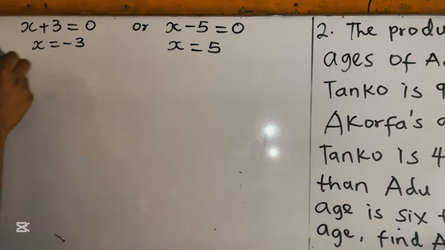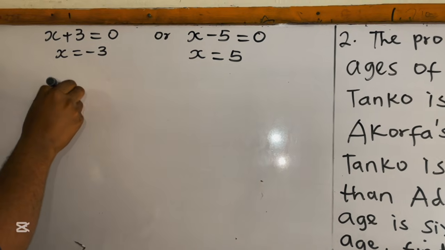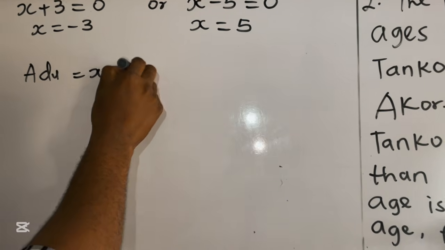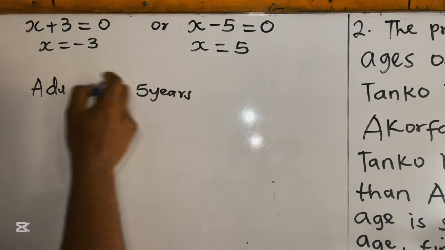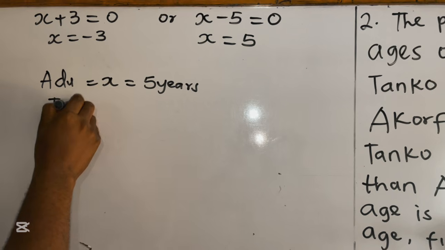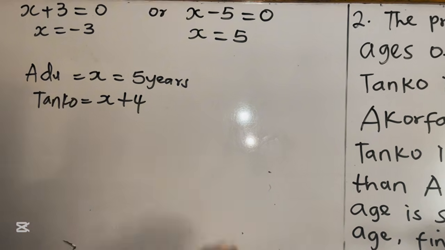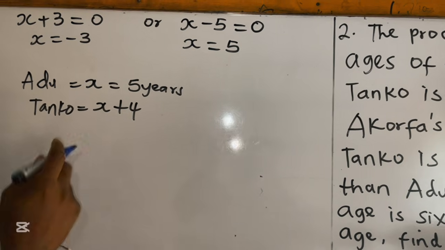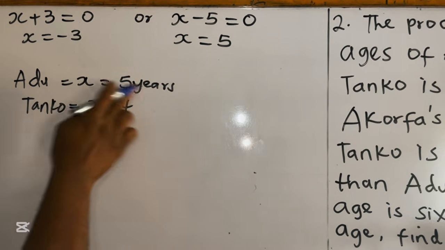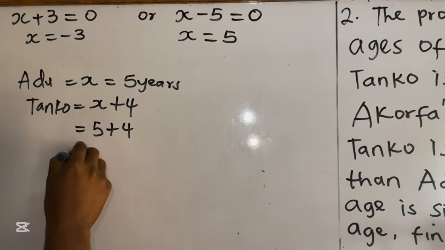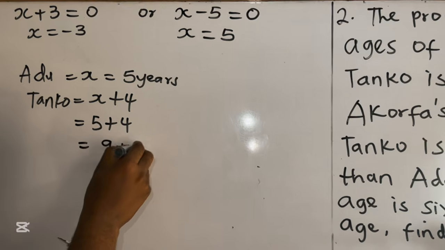So x from the equation we used is 5 years. It therefore means that Tanko will be x plus 4 as we have in the equation. So since x is 5 years, 5 plus 4 is equal to 9 years.